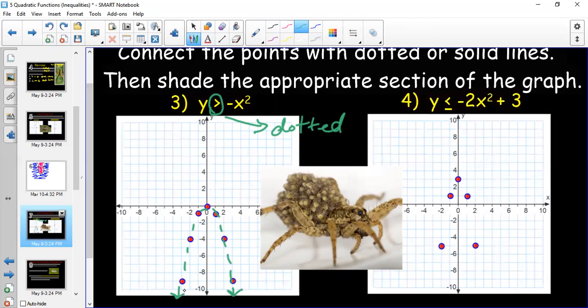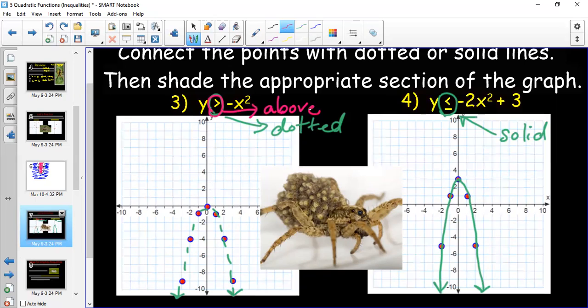Over here on the right side, that was an equal to, so that means we have a solid parabola. So I'm going to fill that in with a solid line here. Okay, so next thing, since this was greater than, you think we have to shade above.